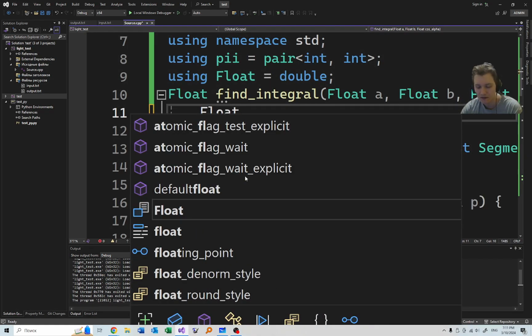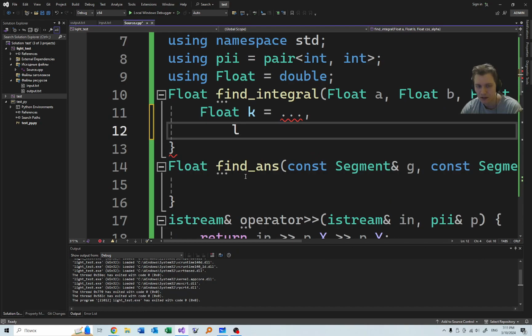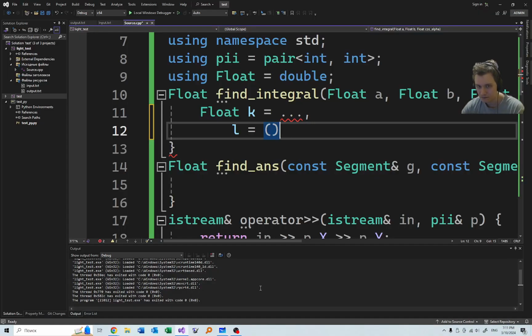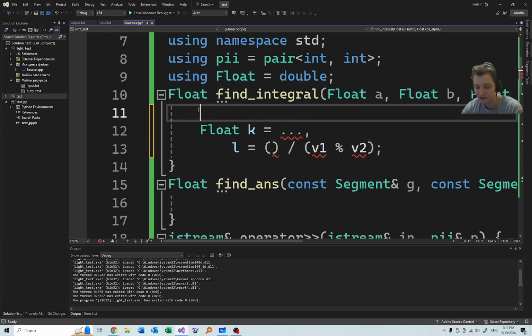So let's take L equals what? L equals, let's find V1 and V2.